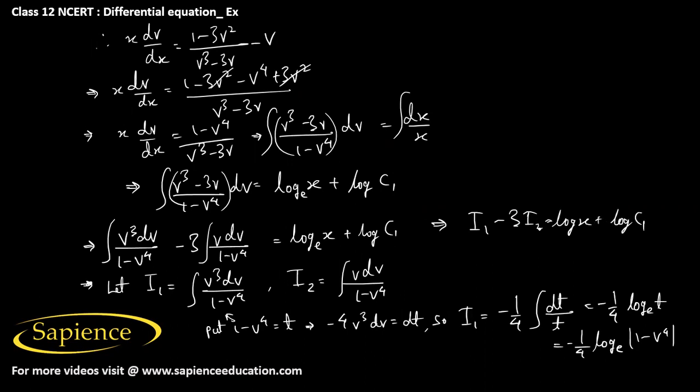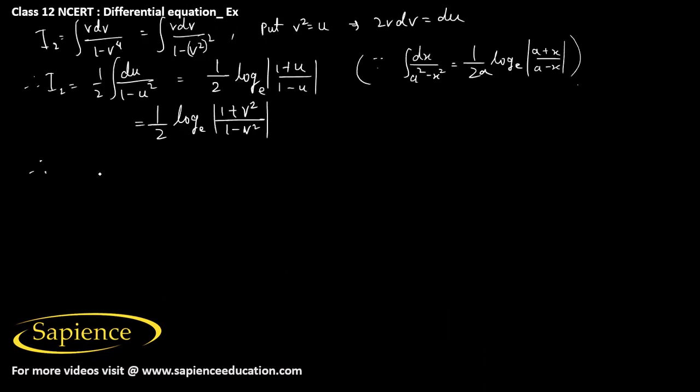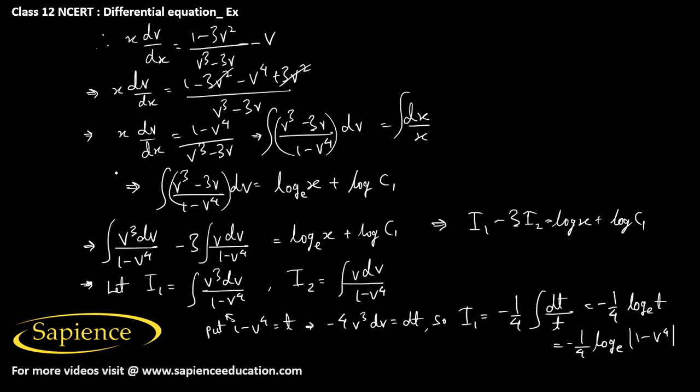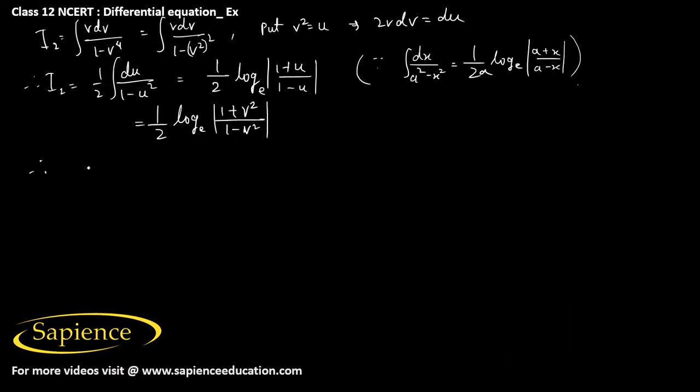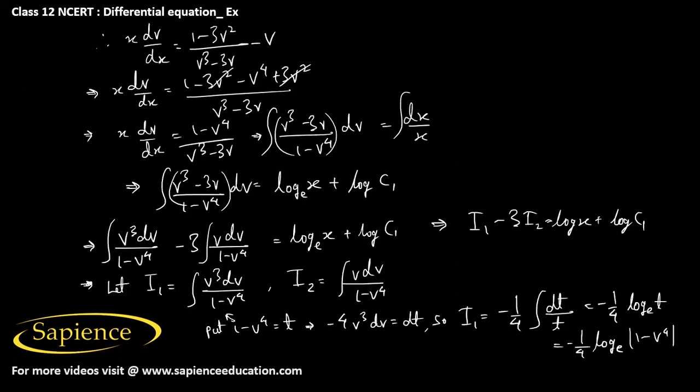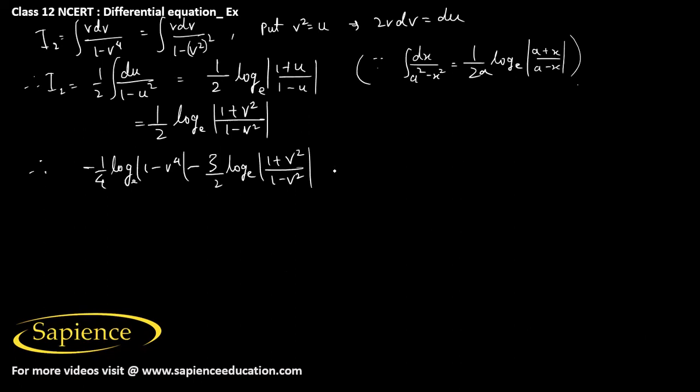So I1 is minus 1 by 4 log mod (1 minus v power 4), then minus 3 I2 is 3 by 2 log base e mod (1 plus v square) by (1 minus v square). So that will be equal to log base e c1x.